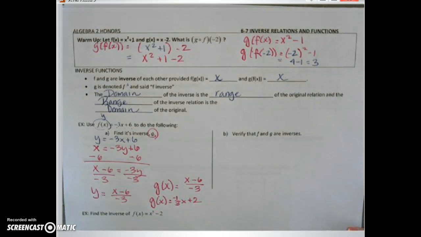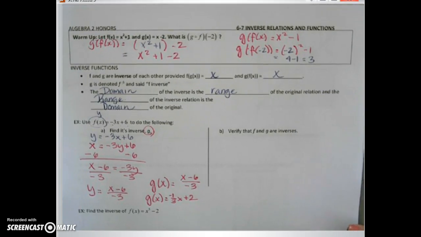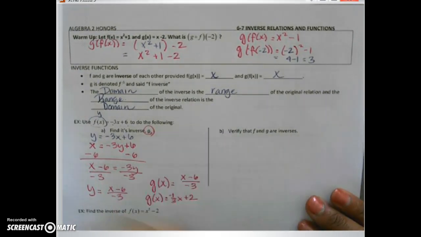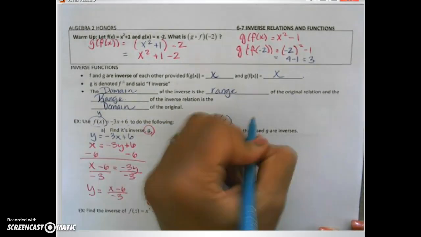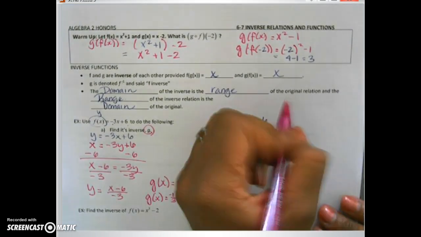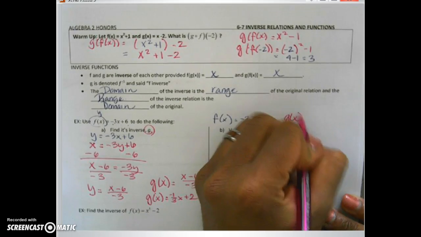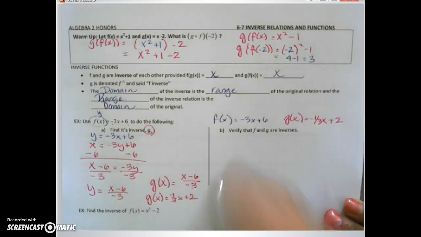Now, the next thing that they're asking us to do is now we'd like to verify. So in order to verify it, we're going to find f of g of x. So my f of x, the original one, was negative 3x plus 6. My g of x is negative 1/3 x plus 2.